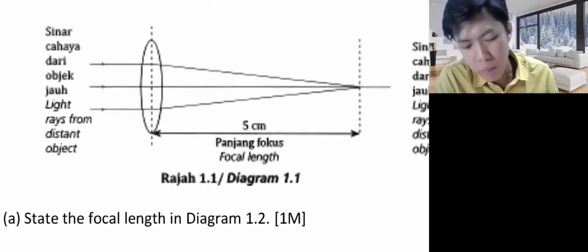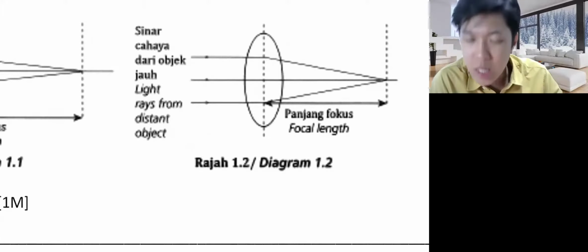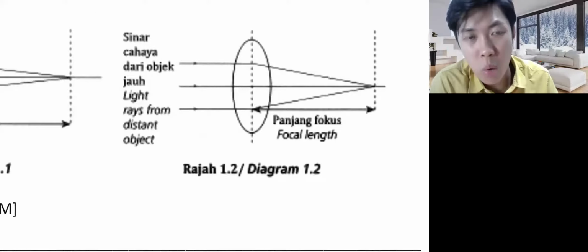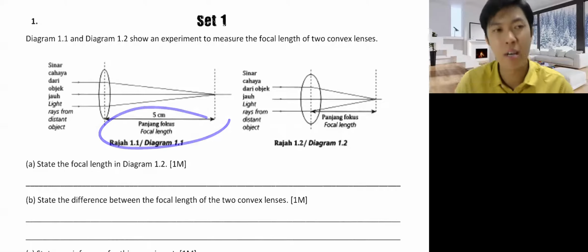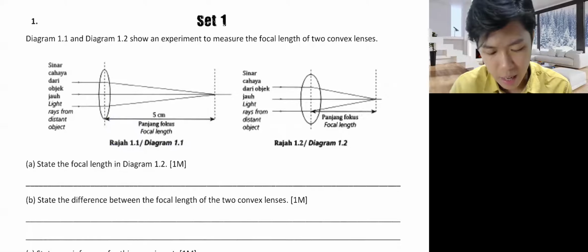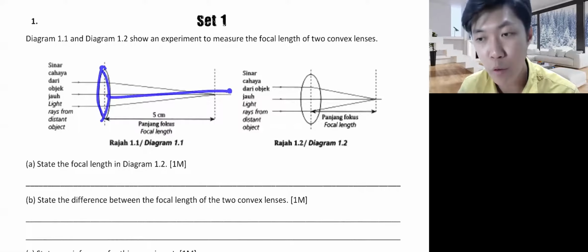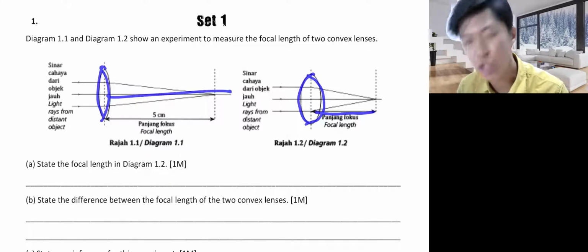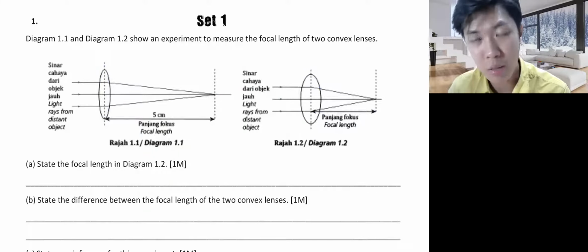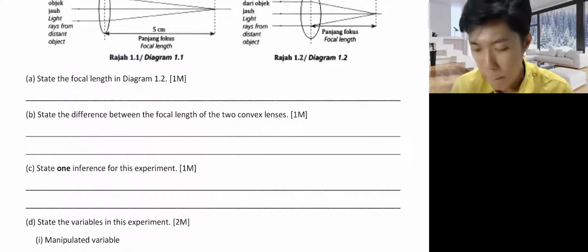If you look at the picture properly, this is thinner and this is thicker. We have two different focal lengths. If it's a thinner lens, you get a longer focal length. If it's a thicker lens, you get a shorter one. It works this way. So question number 1, state the focal length for 1.2.